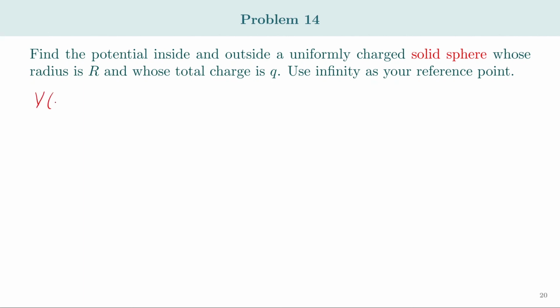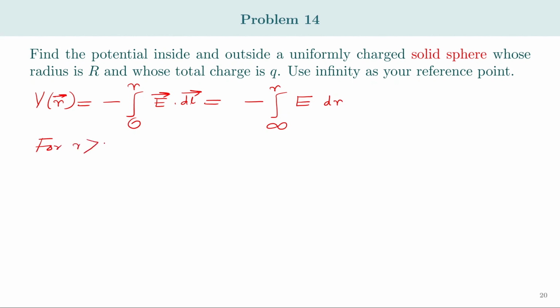In this case, the potential V(r) will be equal to negative of the integral, starting from the reference point to r, of E dot dl, and this is equal to negative of the integral, the reference point being infinity, to r, of E dr.